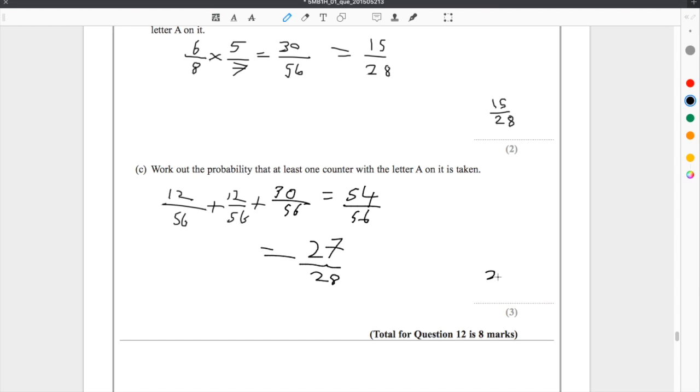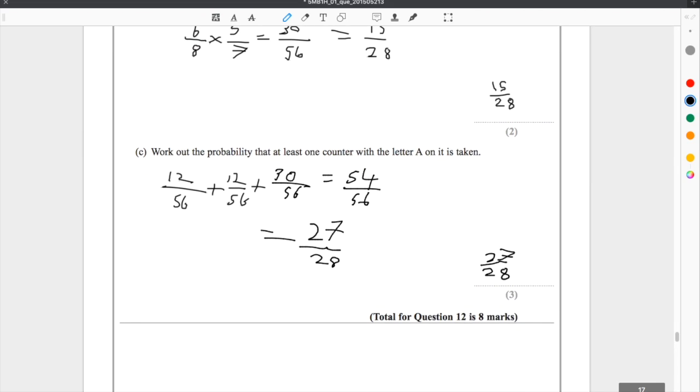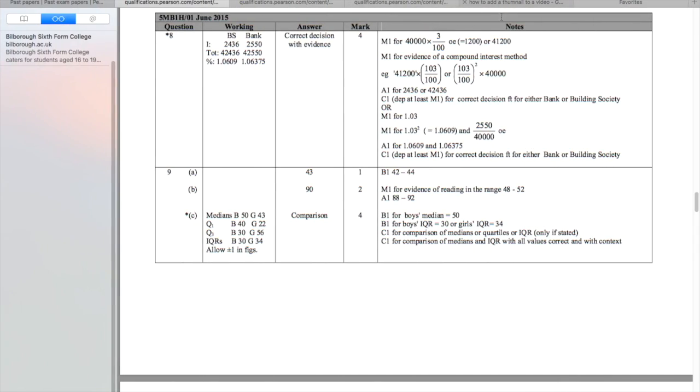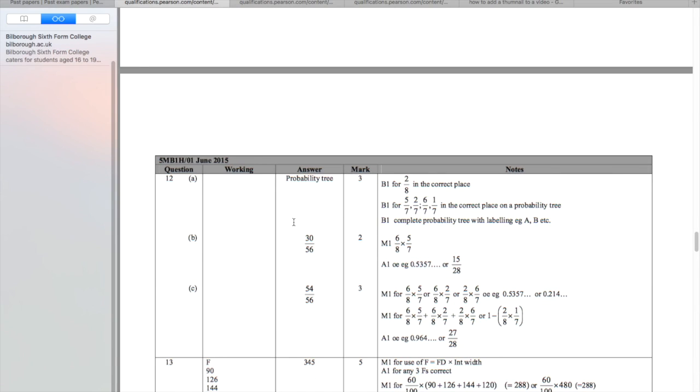Okay? And there we go. So just to check we've done everything right. And this is the way I would recommend you revising. Just go through a past paper, do each question in turn, and then check the mark scheme to check that we've done that right.